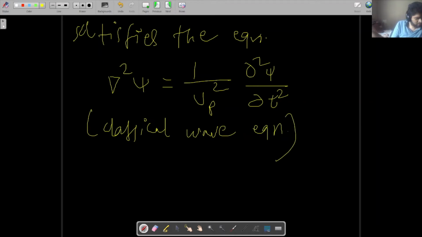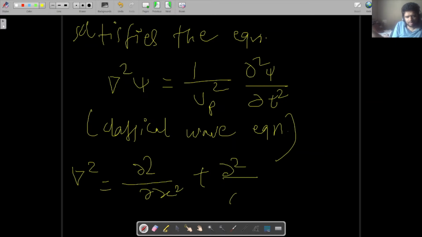Where this term is the Laplacian: del 2 by del x square plus del 2 by del y square plus del 2 by del z square.